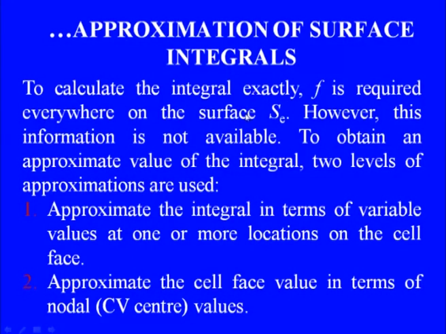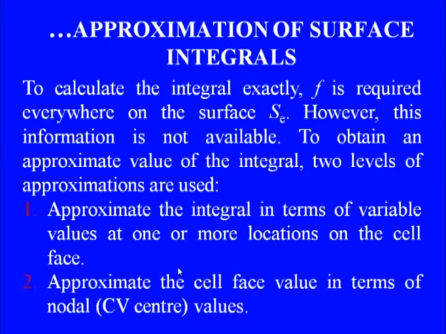So we have to obtain an approximation for this f. To obtain an approximate value of the integral, we have to use what we call two levels of approximations. The first one is to approximate the integral in terms of the variable value at one or more locations on this cell face S_e. That is the first step. Now, that value itself would be unknown, so that cell face value has to be approximated in terms of the nodal values, because nodal values are the ones which we are going to solve for.